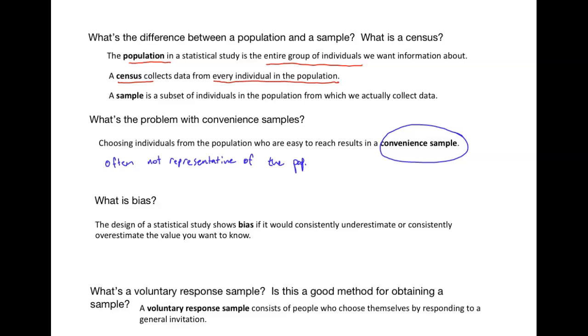And that could be for various reasons. We saw in the cornfield activity, right? The first sample the farmer took was a convenient sample. It was just the 10 plots closest to his house. But if he did that in the first trial, where the river was irrigating only the far side of the field, he would severely underestimate the yield of corn, right? And so there are different reasons that convenient samples can be bad.